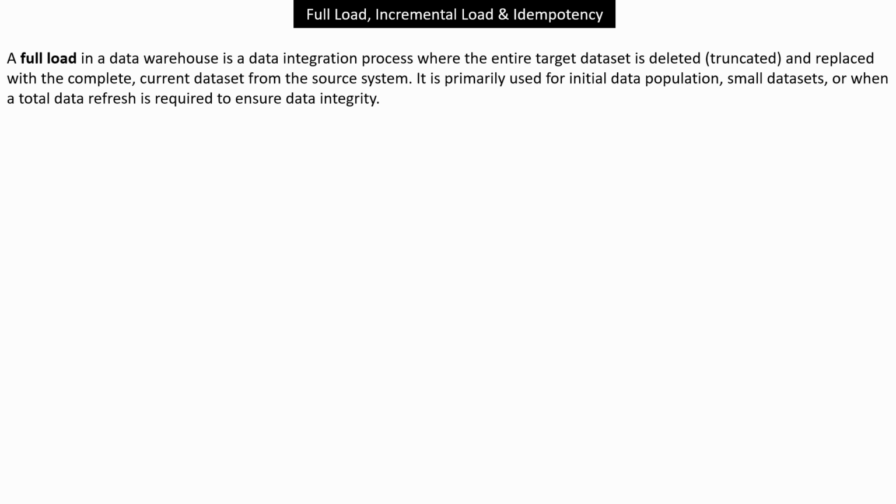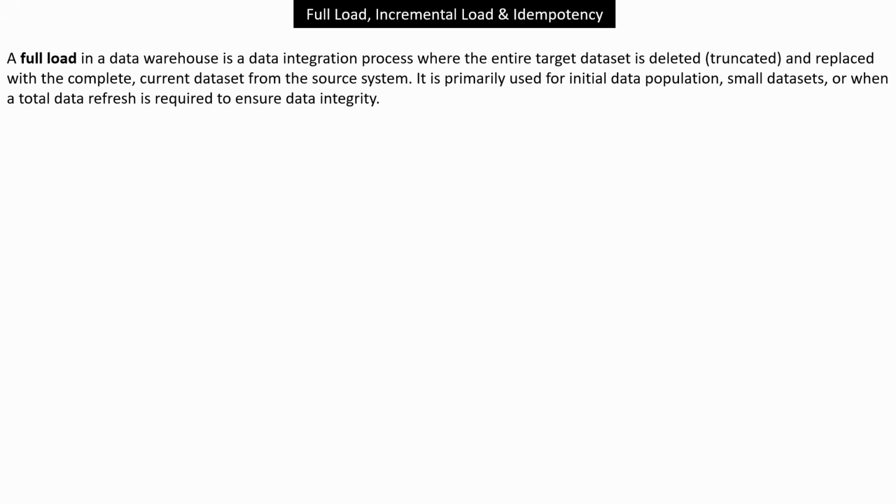Let's now discuss some really important terminologies like full load, incremental load, and idempotency. Full load is a data integration process where the entire target dataset is truncated and the complete dataset is reloaded into the system again.